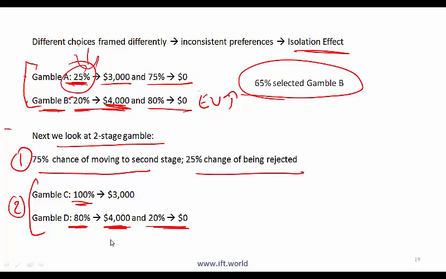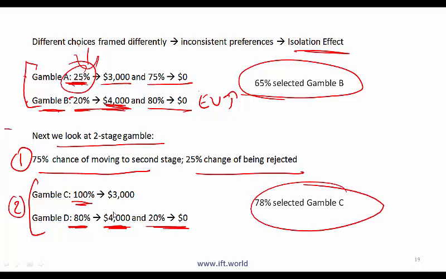So what do you think people prefer here? Yeah, here actually a lot of people selected C. But yeah, people are saying, okay, so we made that 75% chance. So they are excited. Now they want that sure shot 3,000. But what has a higher expected value?